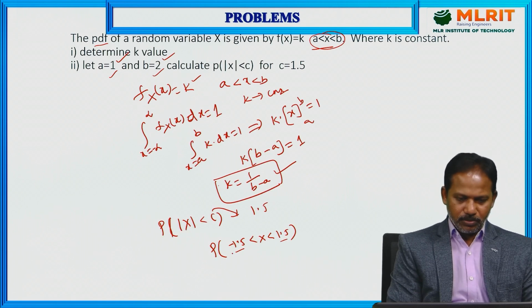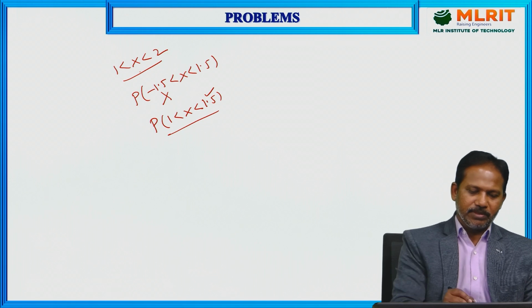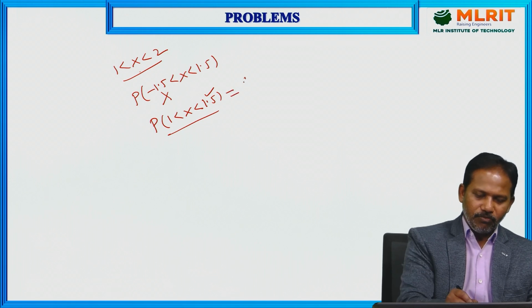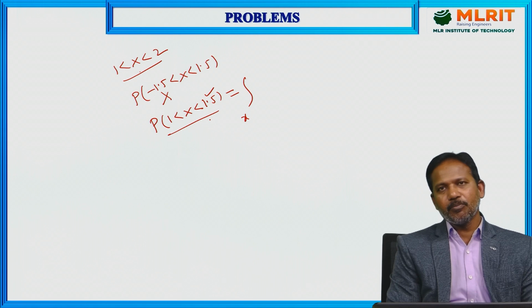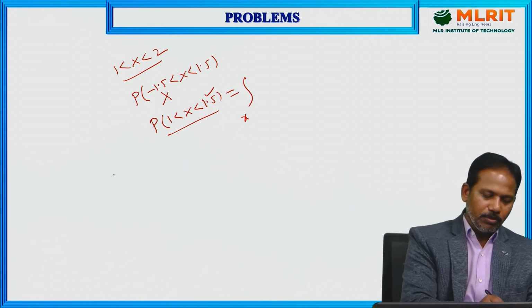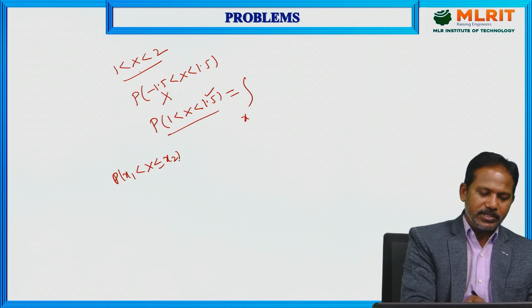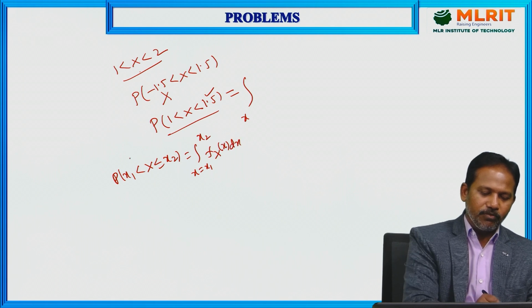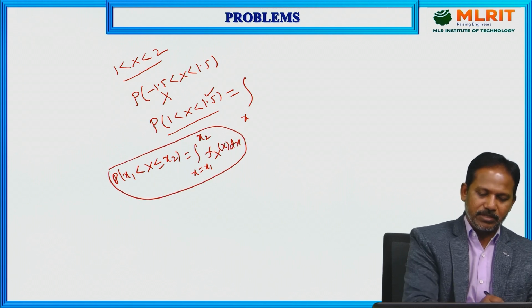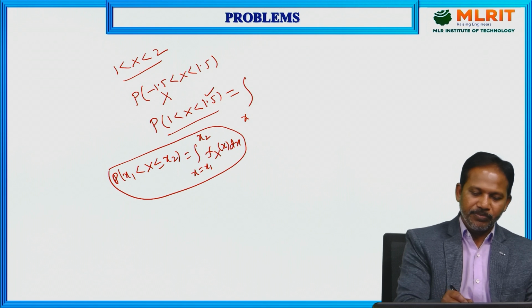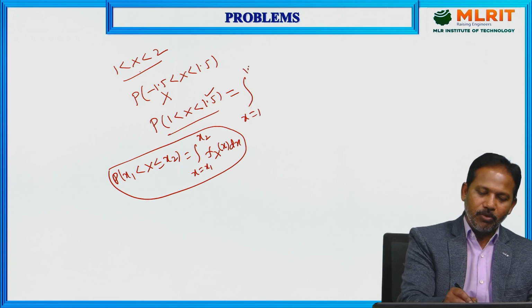So now I need to find this one. We know already the fourth property of probability density function. What we know? P of x1 less than x less than or equal to x2 equal to integral of x equal to x1 to x2 small fx of x dx. By using that one, I can write x equal to 1 to 1.5.